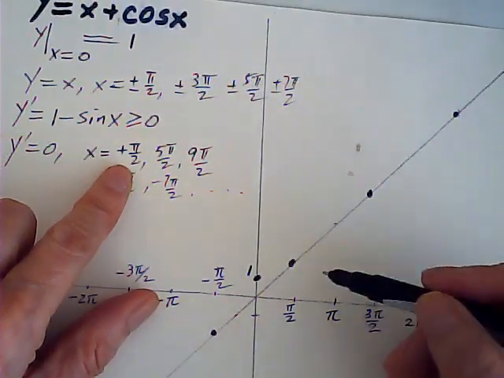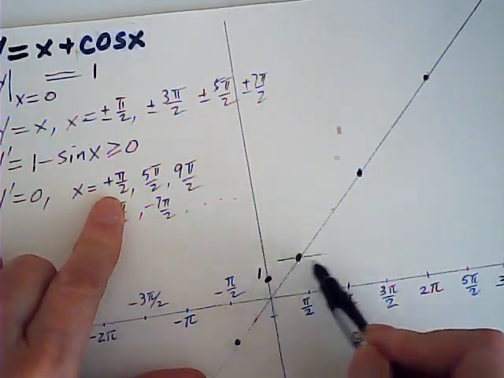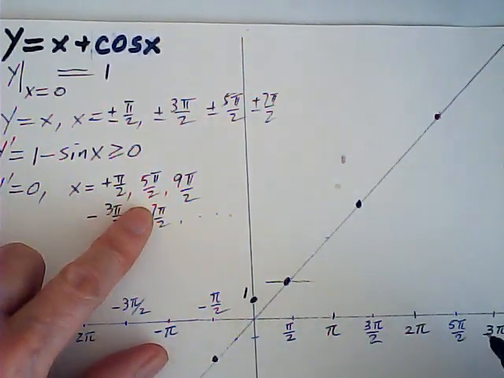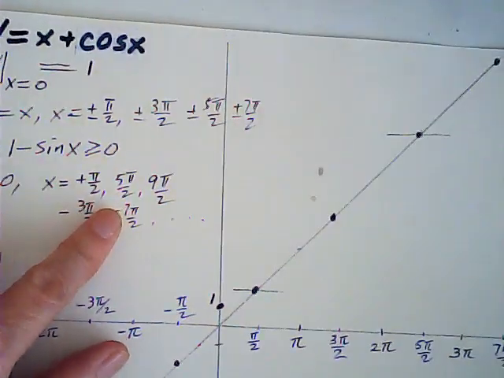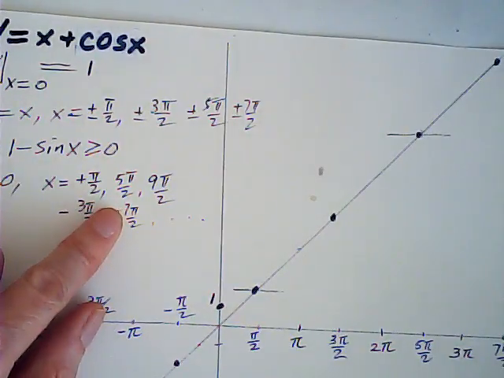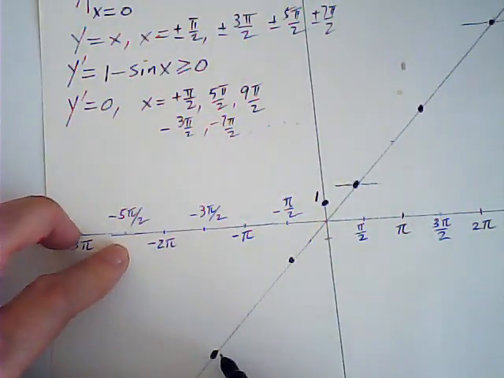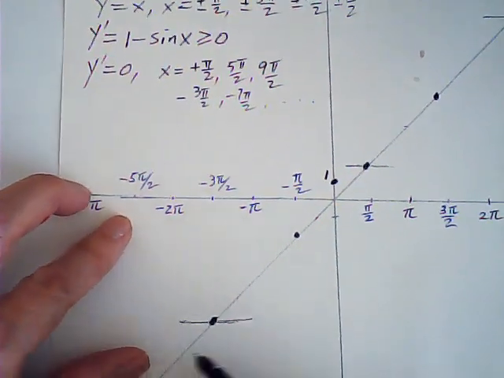So at this point, the curve is horizontal. At this point, the curve is horizontal, right? At this point, the curve is tangent to the horizontal line.